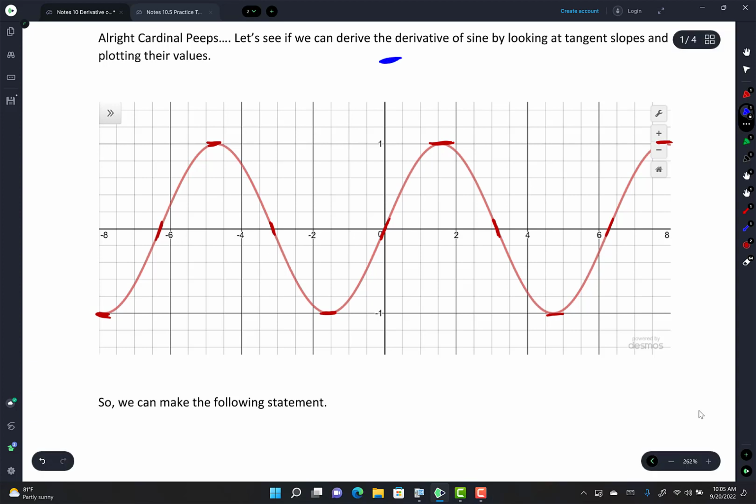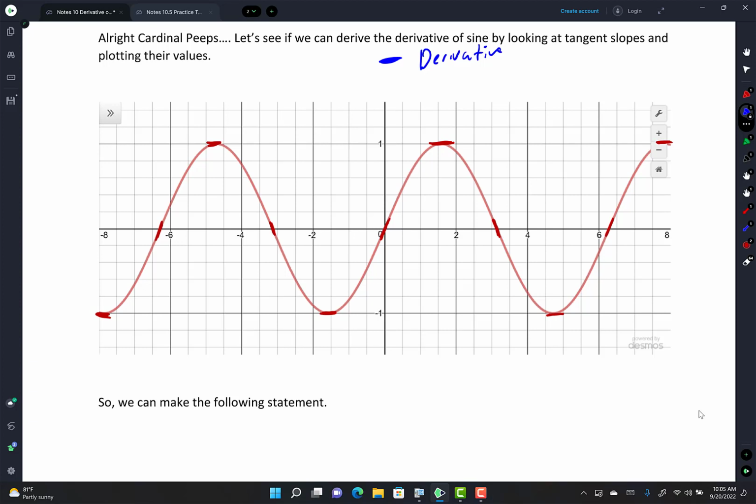I'm going to say the blue line is my derivative. So if you have colored pencils or a colored pen or maybe just draw darker. So here we go. I am going to plot the derivative value.